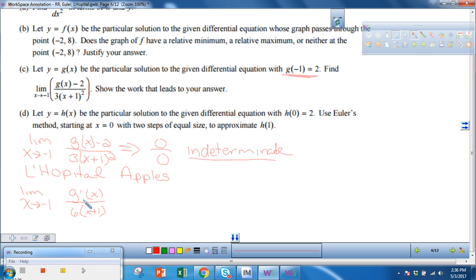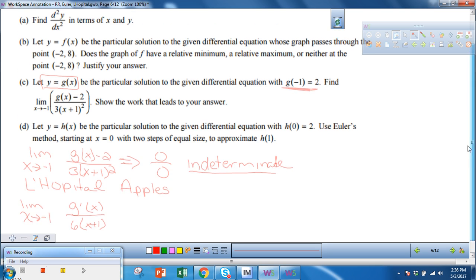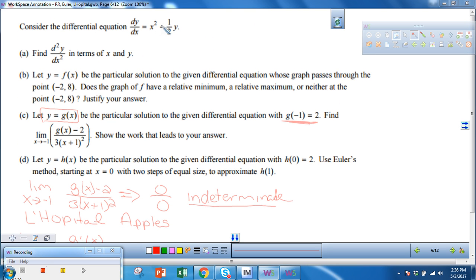Okay? So now I have to find g prime of x at negative 1. Well, we're told that y is equal to g of x. So g prime of x, I would evaluate that for this equation. So this would give me negative 1 squared minus 1/2. G of 1 is 2, so this is 2. G of negative 1 is 2.